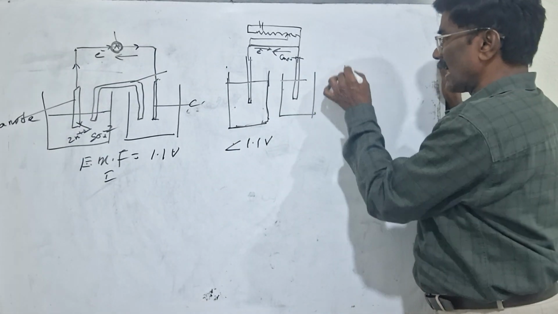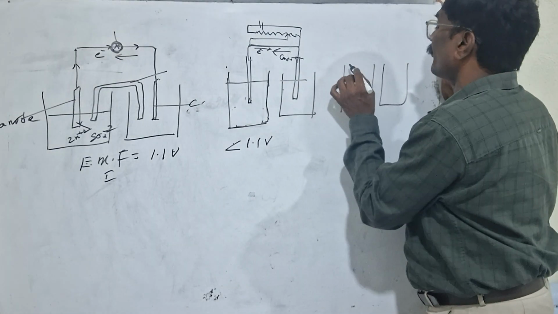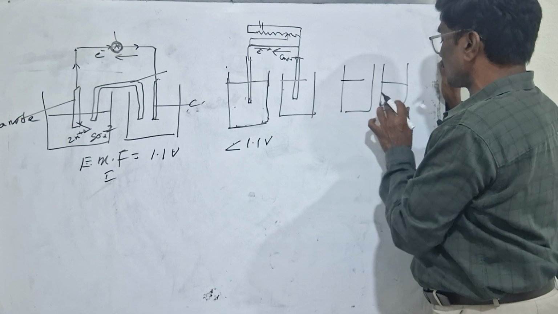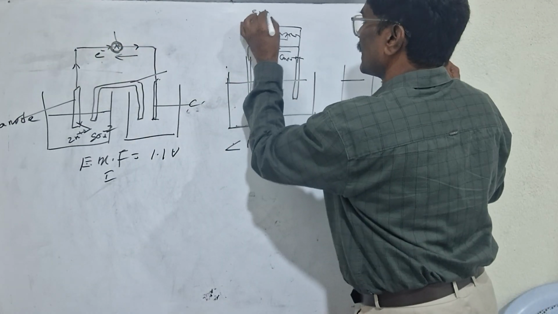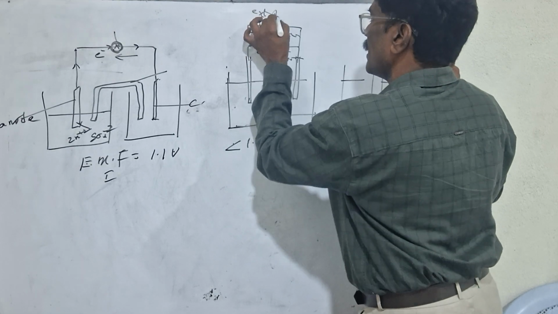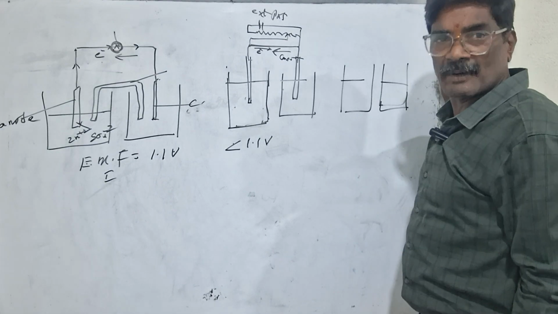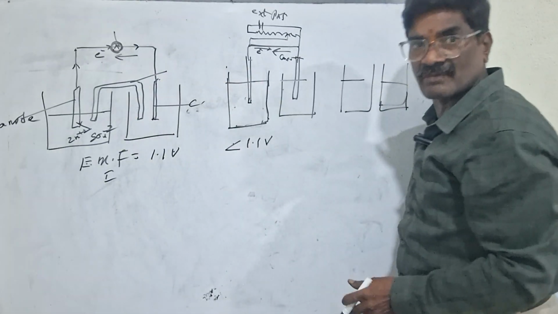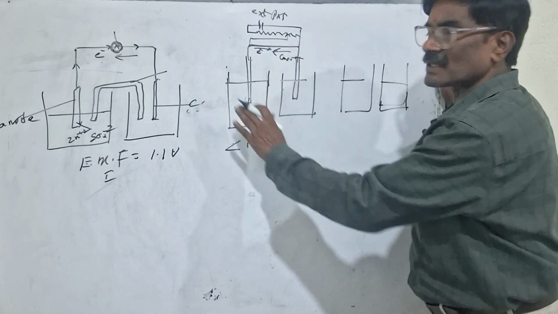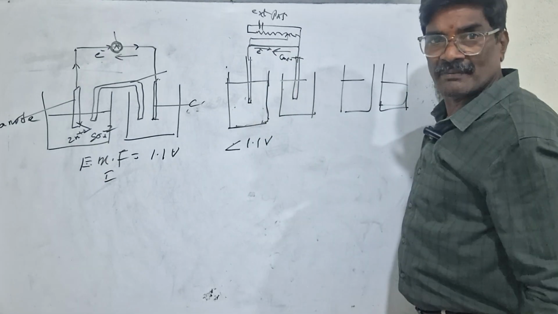If you draw the same diagram once again and increase the external potential, this is an external potential, a battery. While it is less than the 1.1 volts of the first one, current continues in the same direction, and electrons also in the same direction.